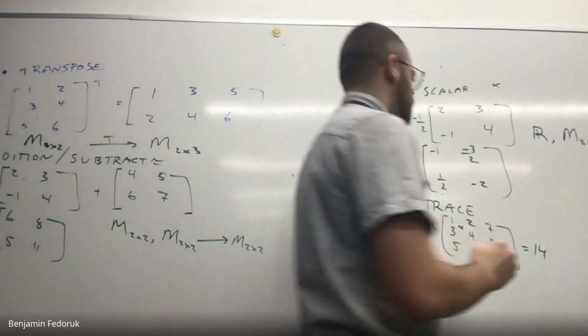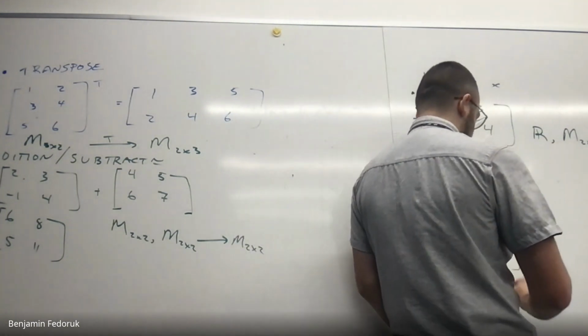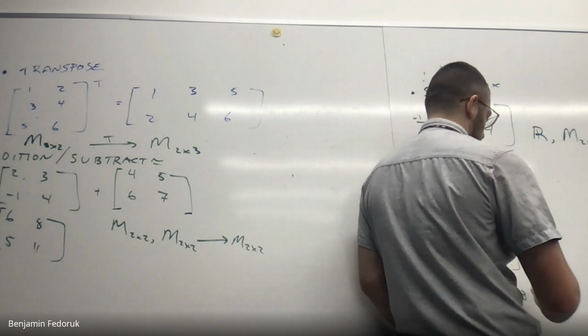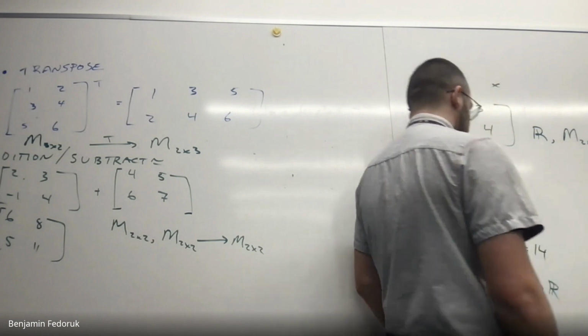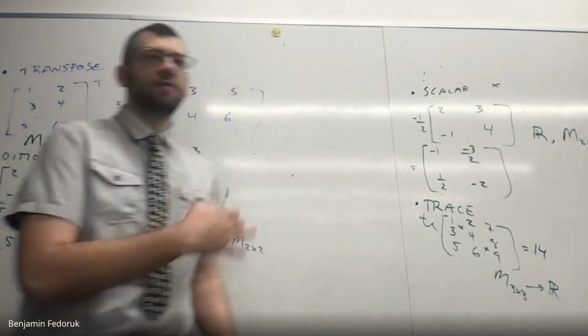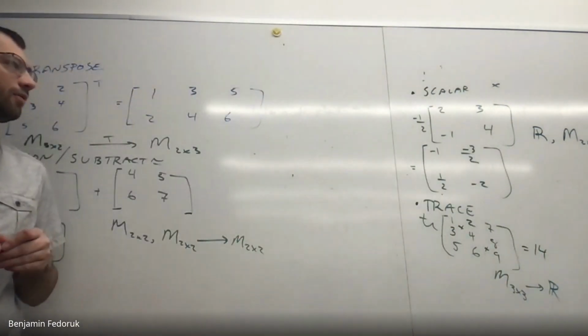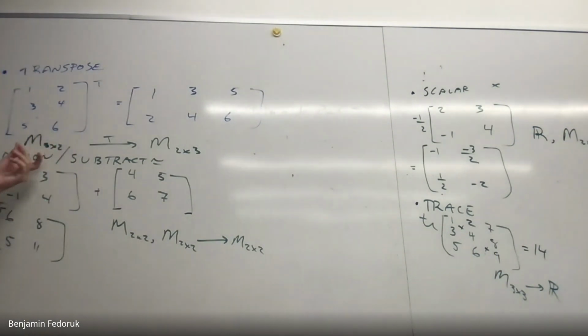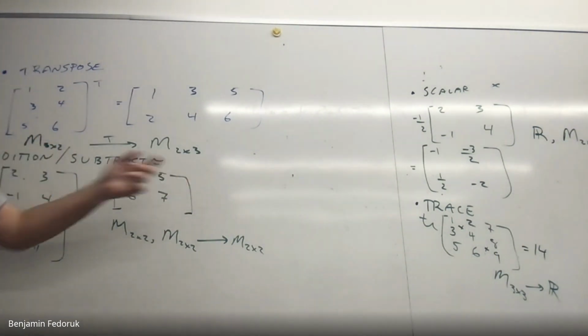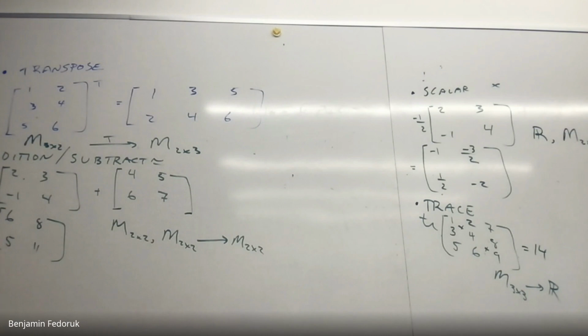The trace takes in a matrix of any size, in this case 3 by 3, it has to be square, and outputs a number. So you see how each of these is different, not only in how you calculate them, but also in what they take in and what they spit out. Does that make sense? Cool.